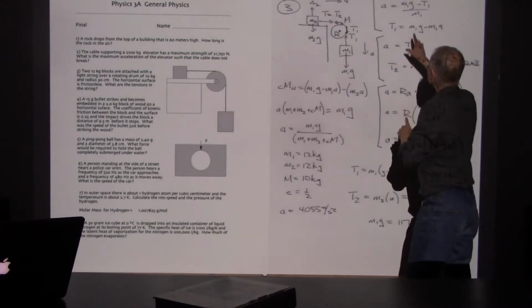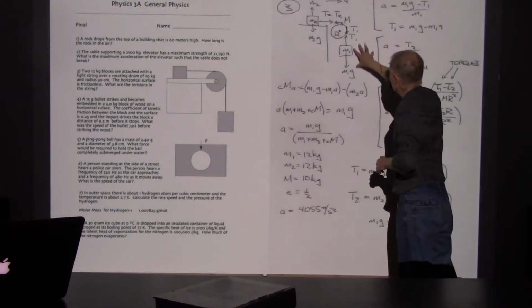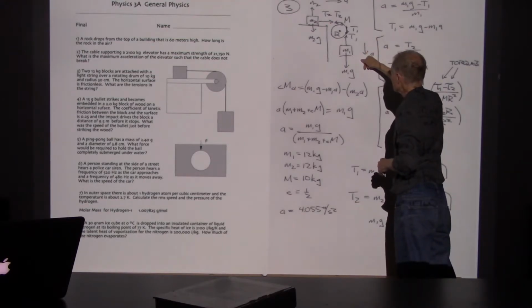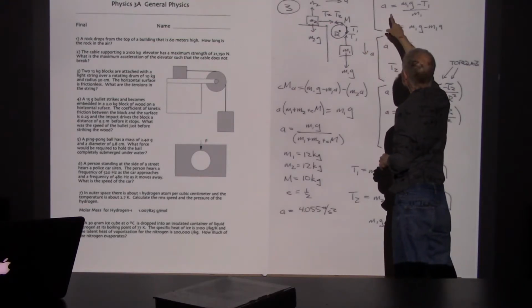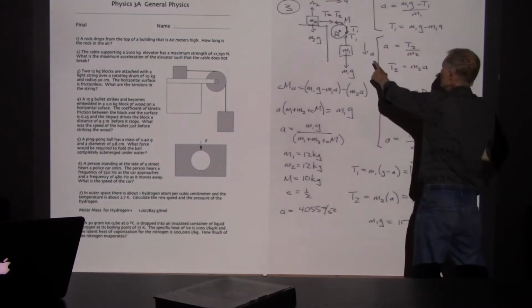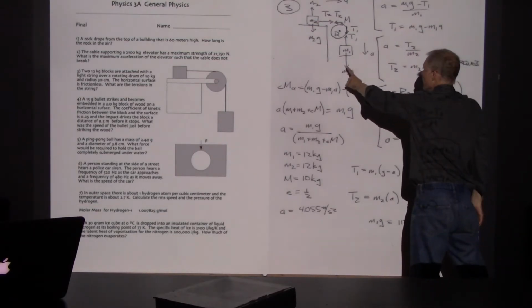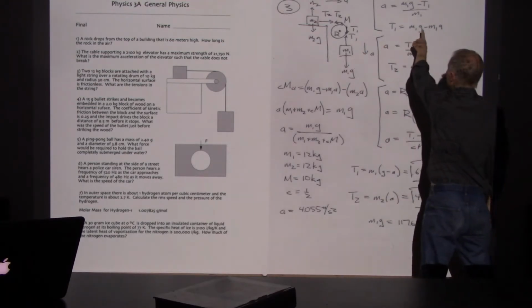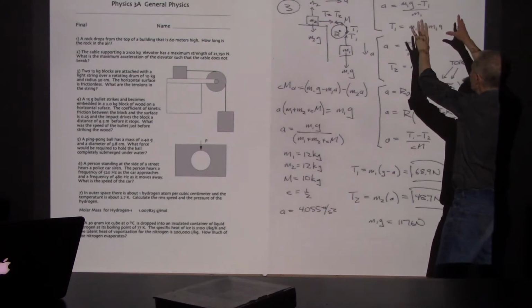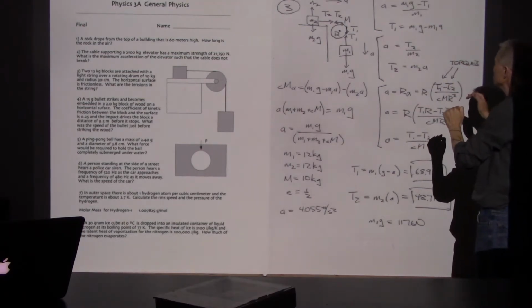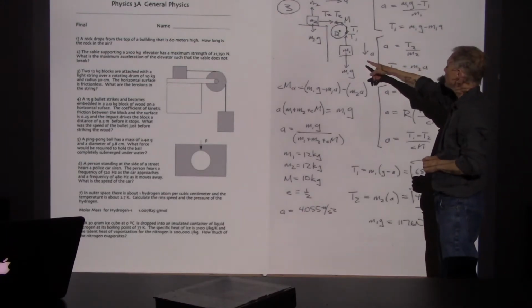So for object 1, the object hanging off the side, the acceleration is in this direction. The laws of motion say that the acceleration is given by m1g minus T1 divided by m1. So that first formula and the one below it apply to object number 1.